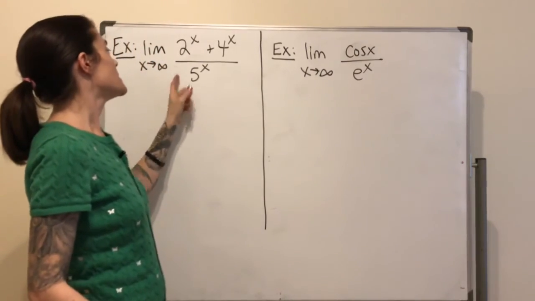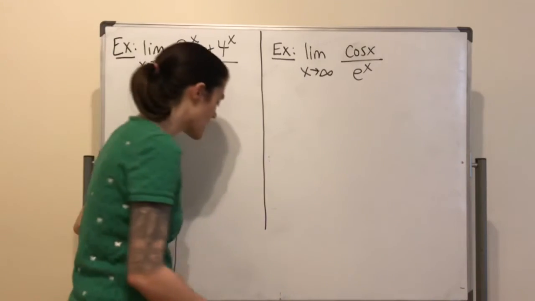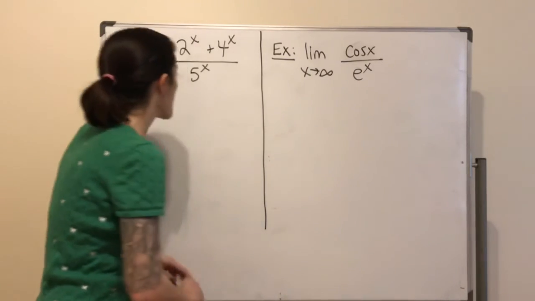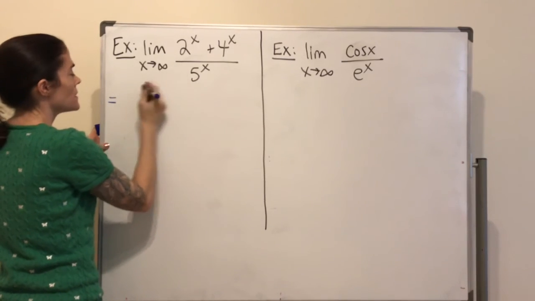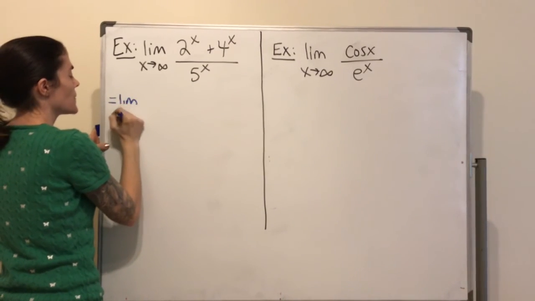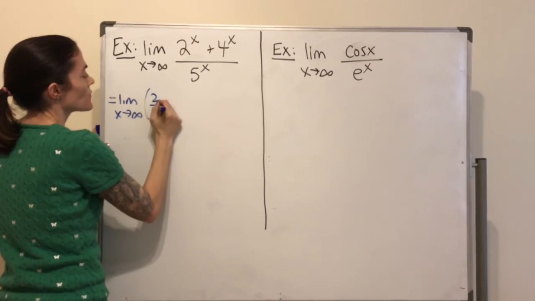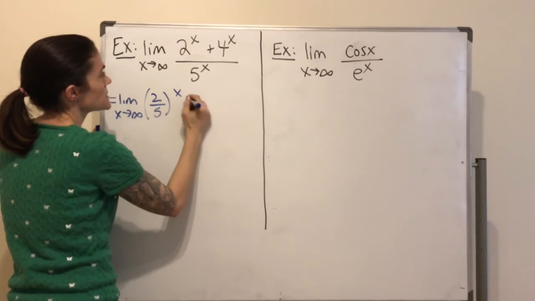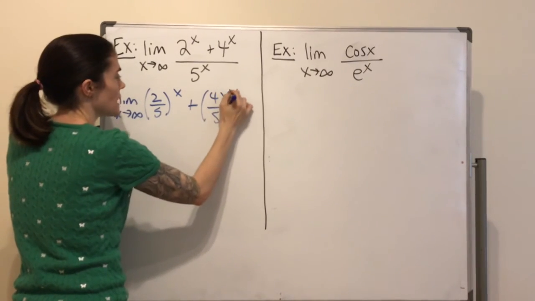Well, I could divide everything by 5 to the x, but in this case, I can also just break this into a sum because I have one term in the denominator. So this would be, well, this is 2 over 5 to the x plus 4 over 5 to the x.